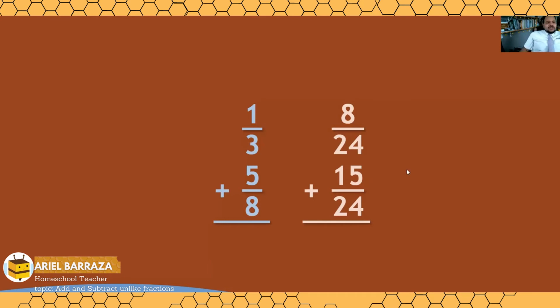So who may tell me here the answer? 8 plus 15 is 23. 23/24. That is a fraction. We are dealing with a proper or an improper fraction.